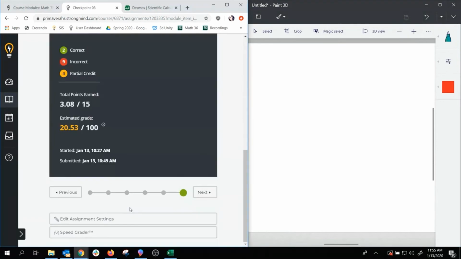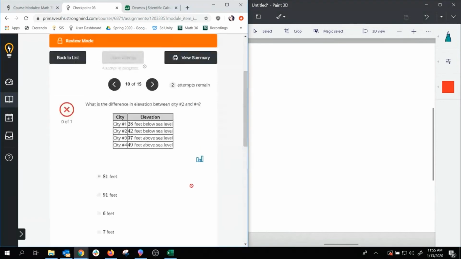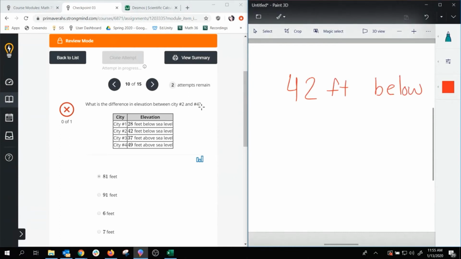All right. Look at 10. Oh, on this question, I actually did this one wrong the first time because I didn't read everything I was supposed to. So at number 10, we want to know what's the difference in elevation in city number 2 and city number 4. City number 2 says that it is 42 feet below sea level.